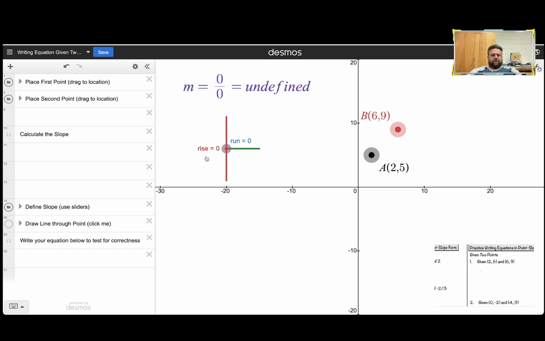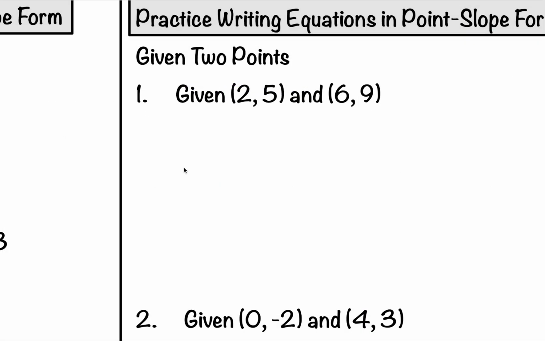So let's jump back over real quick, and we're going to calculate the slope. So the slope is change in y over change in x. And I'm going to do this first my way, doing one point minus the other point.